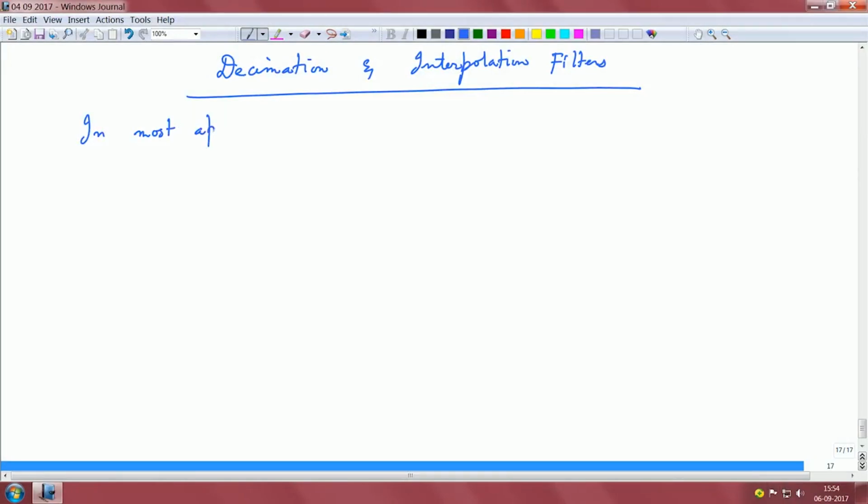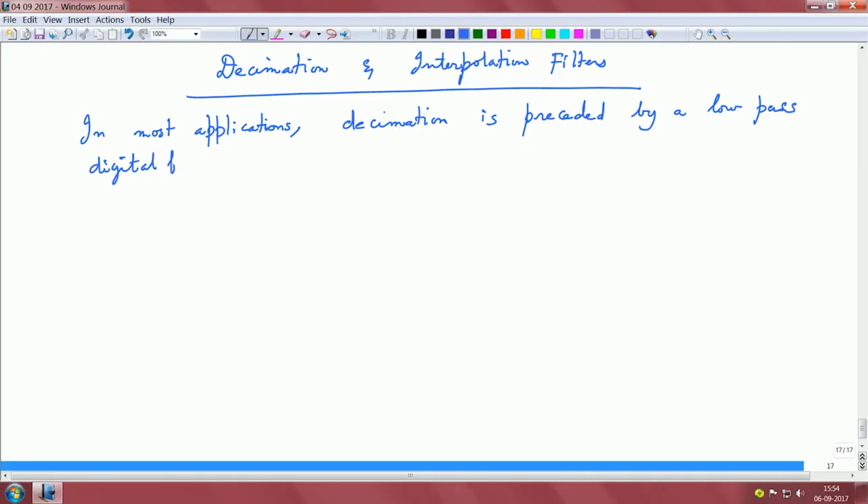In most applications, decimation is preceded by a low pass digital filter, also called a decimation filter. So, what really happens is important.